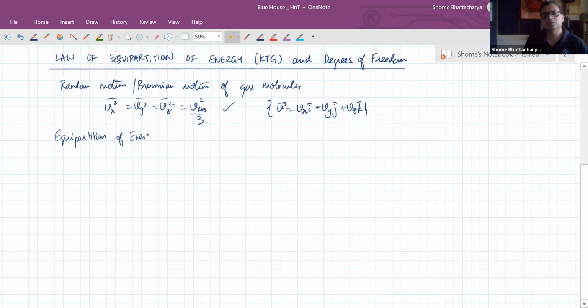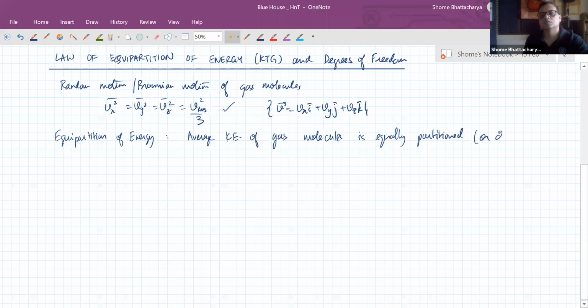The principle of equipartition of energy is that the average kinetic energy of gas molecules is equally partitioned or equally distributed over all degrees of freedom.